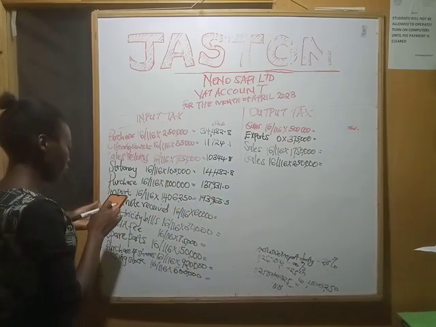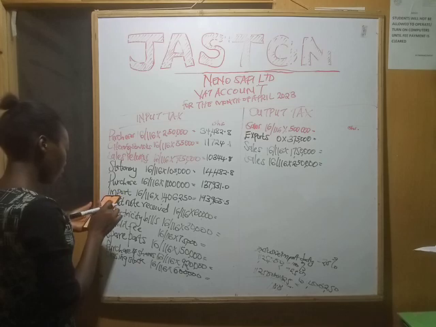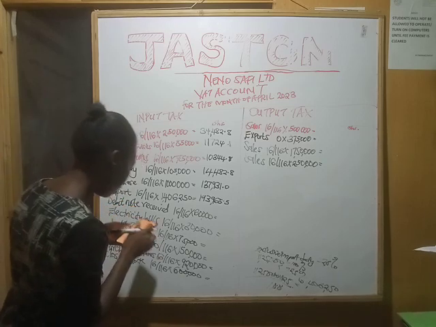Let's continue. 16 divided by 116, we multiply by 60,000.